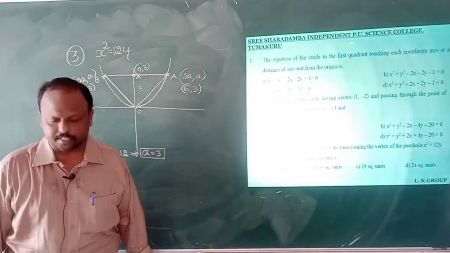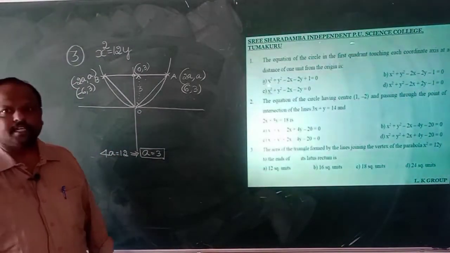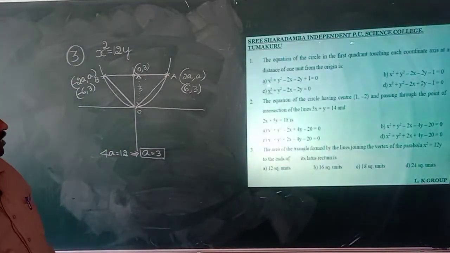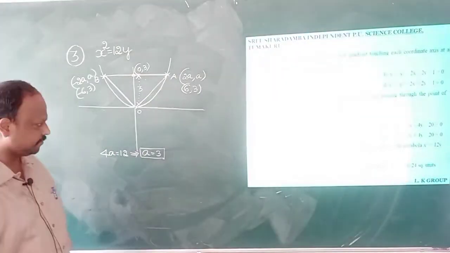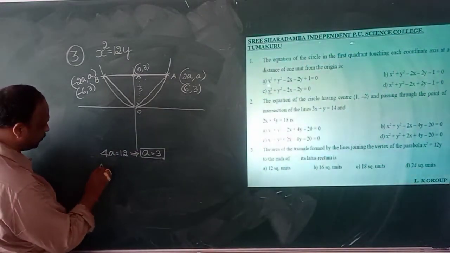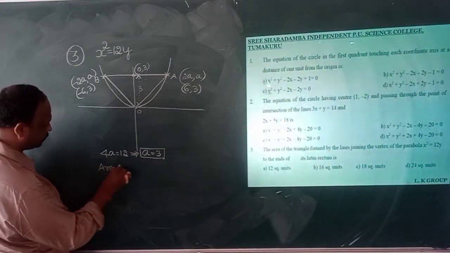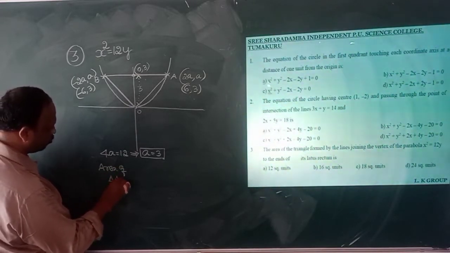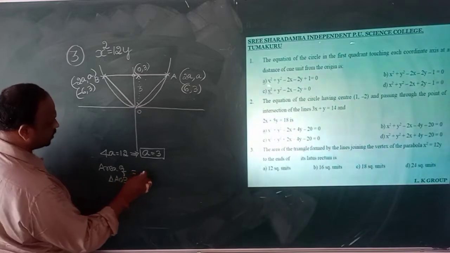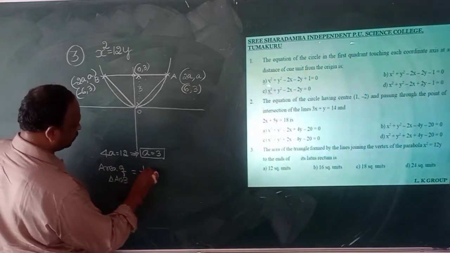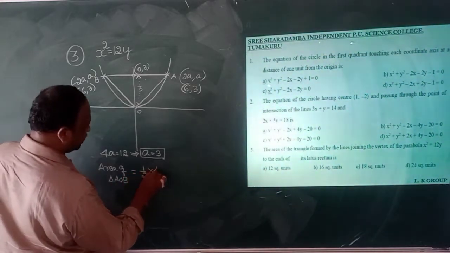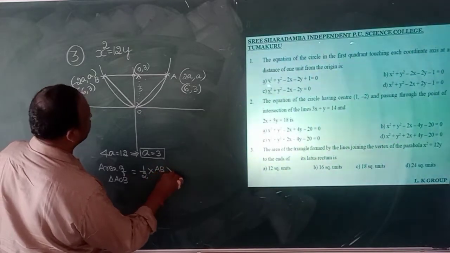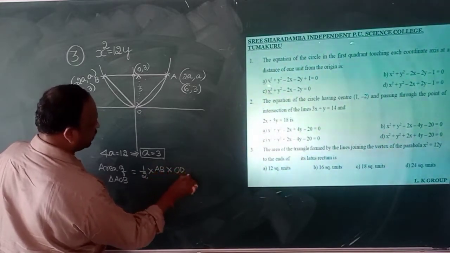So how to find this area? As you know, the area of a triangle is half into base into height. Area of triangle AOB is equal to half into base AB into height OD, let us take D.